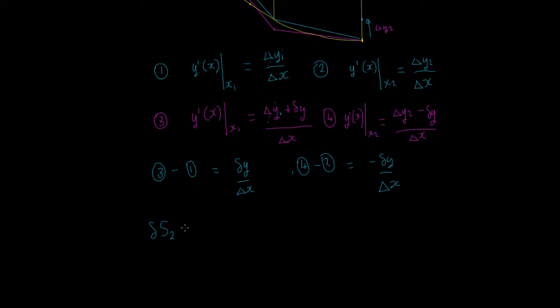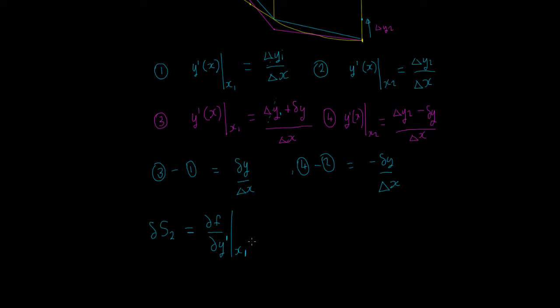So the change in gradient, as per what we were looking at previously on the last video, would be df by dy derivative at x1.